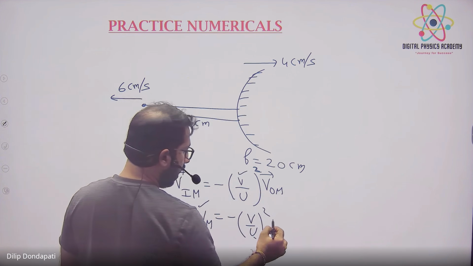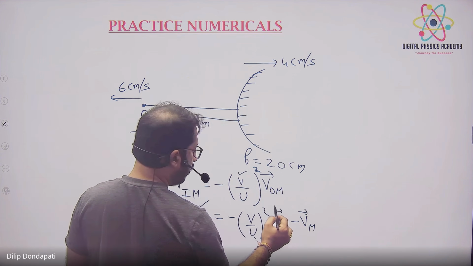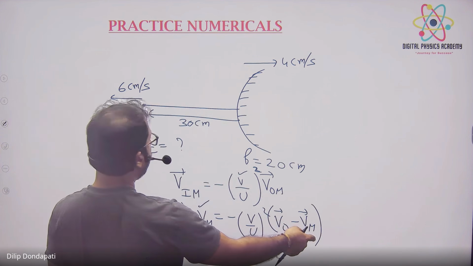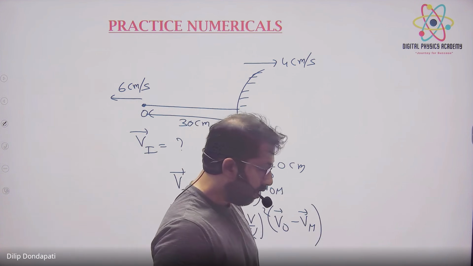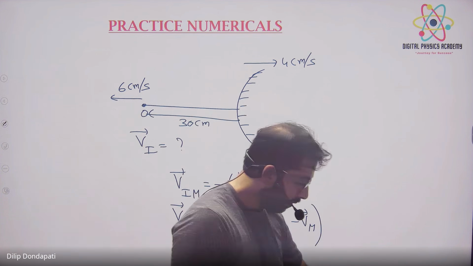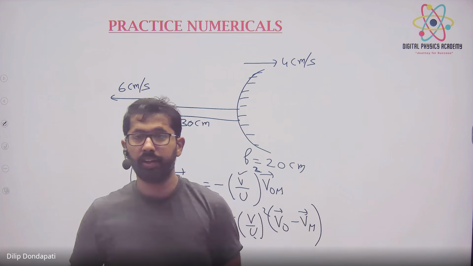Substitute करो and velocity of object minus velocity of mirror right? So velocity of object किस तरफ जा रहा है, इस तरफ जा रहा है तो -6 minus velocity of mirror right side -4. So अब we'll get as 5.6 centimeters per second. Okay. So this is the first case along the principal axis done.